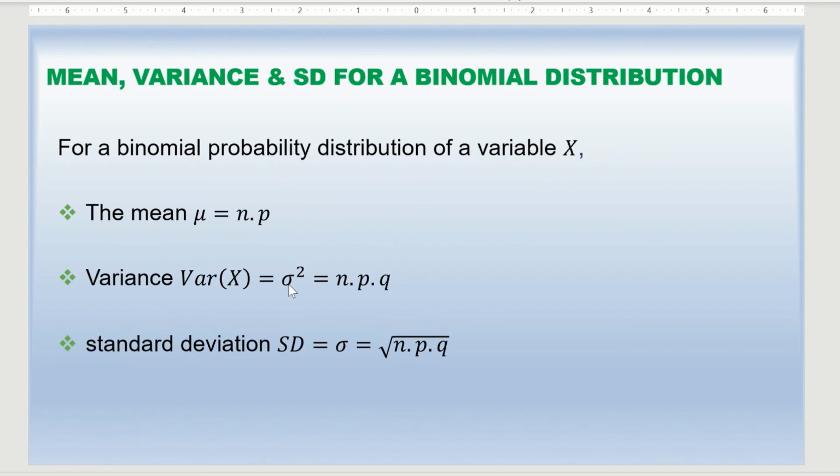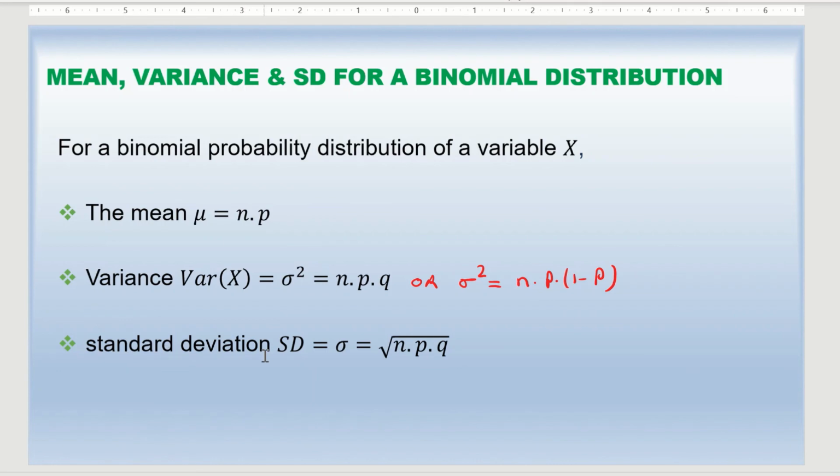The variance will be n times p times q, or sometimes this is also written as variance sigma squared equal to n times p times q, where q is 1 minus p. And the standard deviation is the square root of variance.